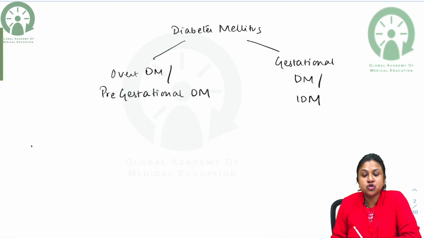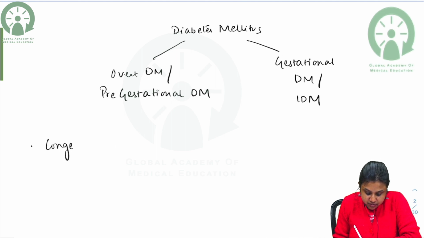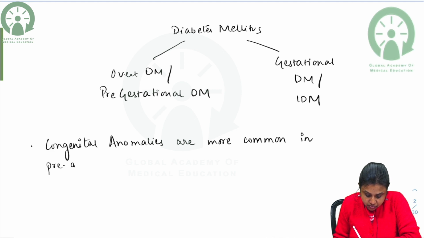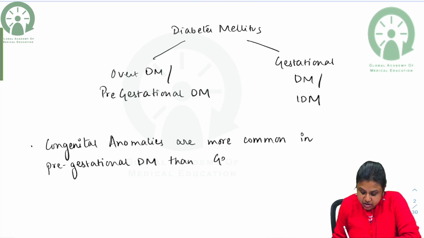So all the teratogenic problems, or all the complications, are more common and cause more morbidity in pre-gestational diabetes mellitus. So congenital anomalies are more common in pre-gestational diabetes mellitus than in gestational diabetes mellitus.